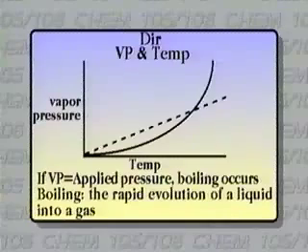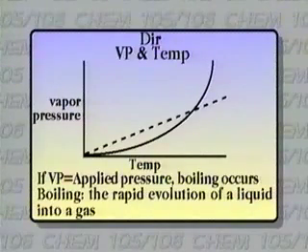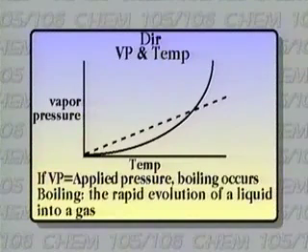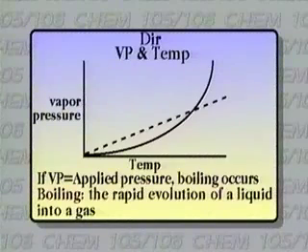So if we look again at the effect of temperature on vapor pressure for a particular substance, we find that as temperature increases, vapor pressure likewise increases. What this graph was pointing out is that the change in vapor pressure is not linear, so we'll put an X through that.